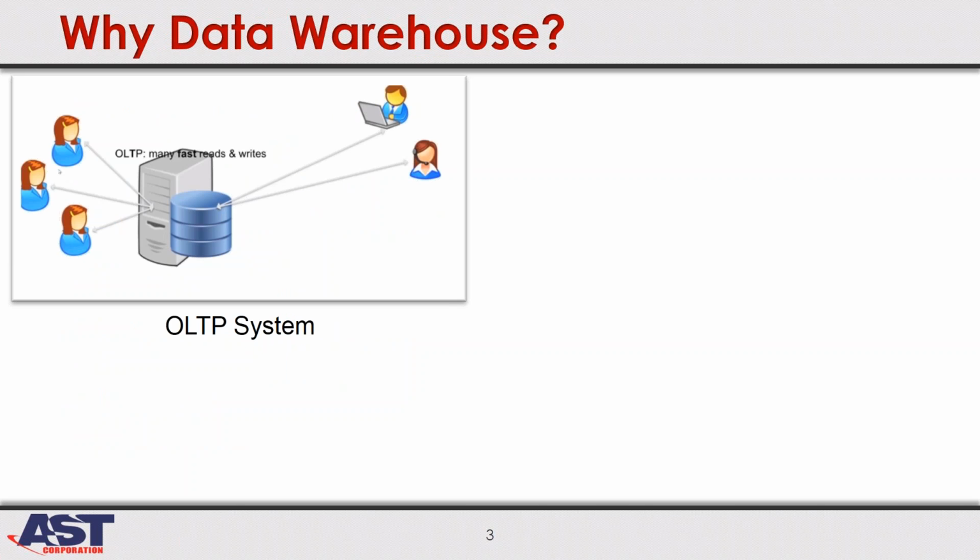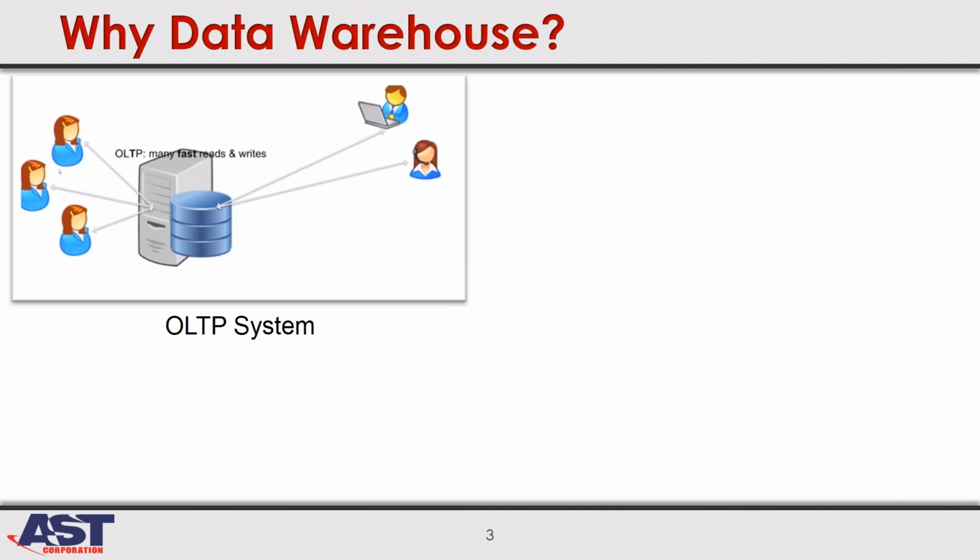Why do we need a data warehouse? Let's consider an OLTP system in which, on the left side, there are some normal day-to-day users making small transactions like querying the data, loading the data and getting the data. On the right side there are some business users.